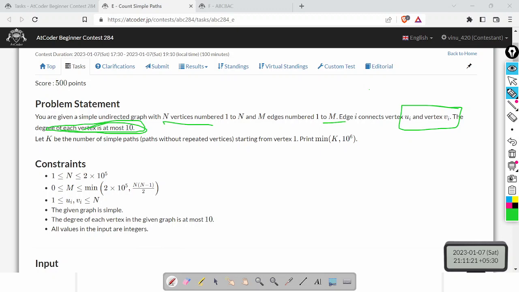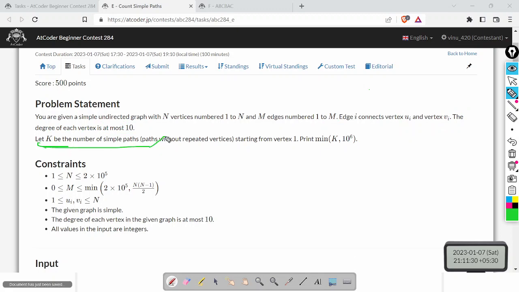Why is this helpful? This has to be helpful, and we will see how. We have to give the number of simple paths starting from vertex 1.